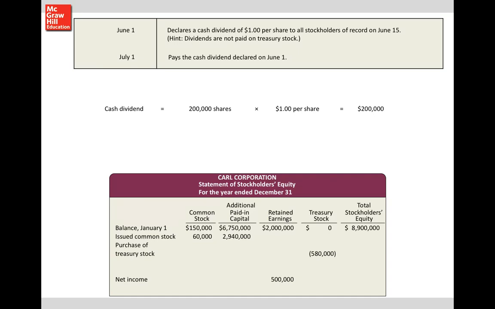And under common stock, we have 150,000 and 60,000, both of those at par value. That brings us to 200,000 minus the 10,000 shares of treasury stock that were sold. So take the 200 shares times $1 per share, and that's $200,000 in cash dividends.